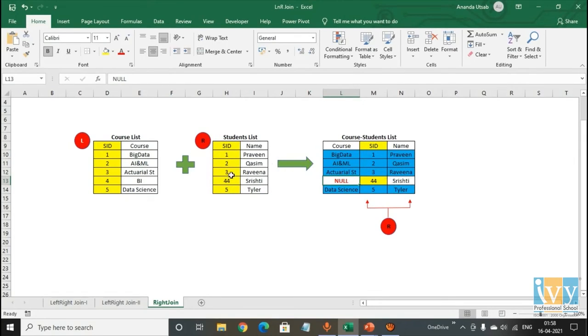Yes, it's because 44 is not present in the left table. It's wrongly mentioned. It is to be carefully observed. Srishti is present. If 4 had been there, we would have seen that BI would be present here, but since 44 does not match with 4, we are getting a null over there. It is a crucial thing to be seen by the database administrators, and they should be wary of this.